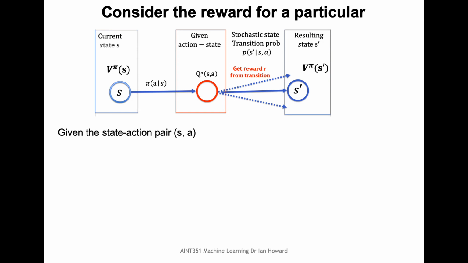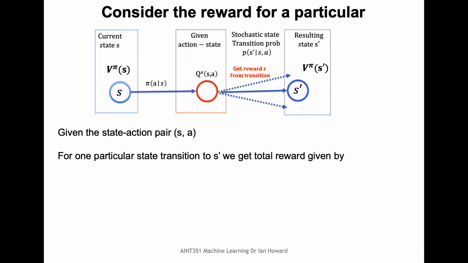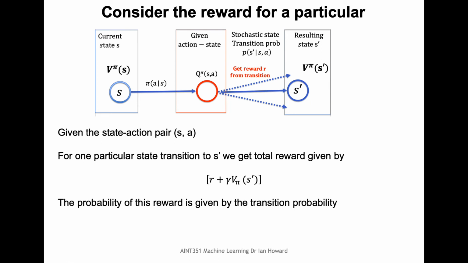So when we make the transition from S to S prime, we get a total reward of R plus the discounted future reward, gamma v pi of S prime.